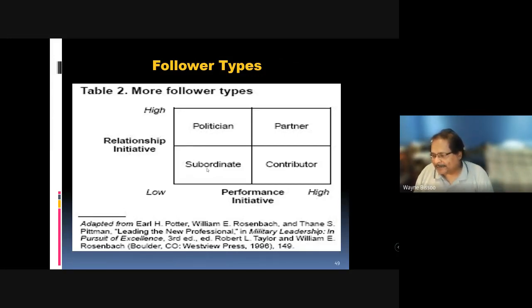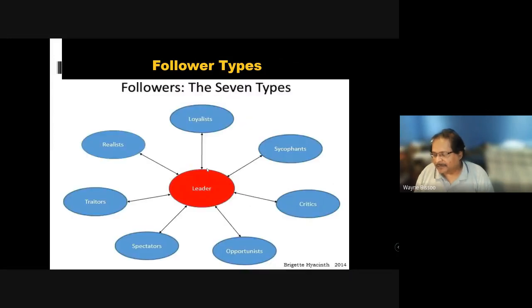And that is something that we have to be paying attention to. All right. In Trinidad, we have all of these here. And of course, we have the ones who don't do anything. In terms of follower types, you have those who are just totally apathetic.